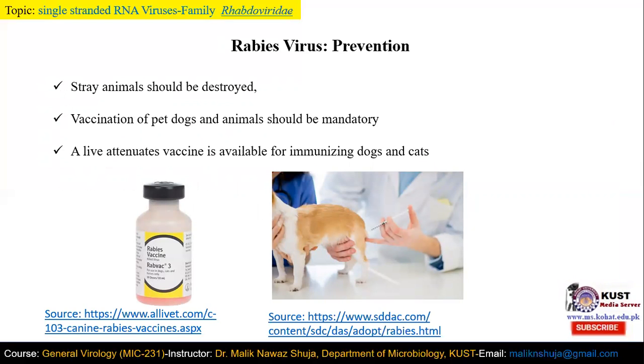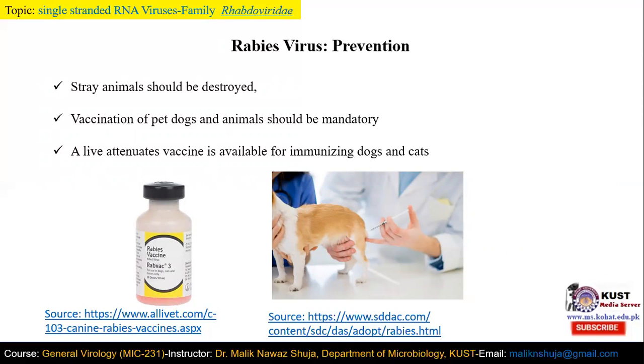How can we prevent the rabies virus? Stray animals should be destroyed to prevent the movement of the rabies virus in society. Vaccination is the best way to develop the immune system, so vaccination of pet dogs and animals should be mandatory.